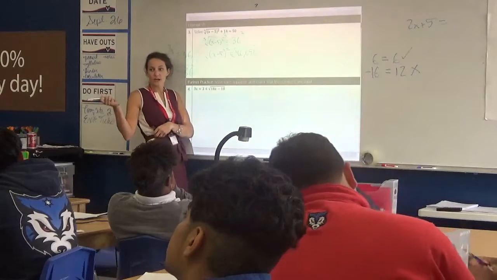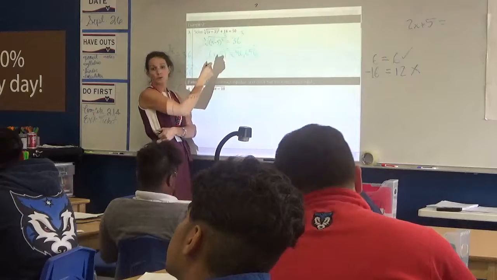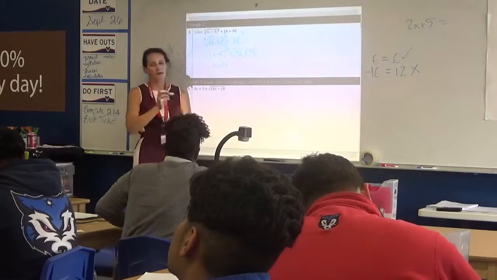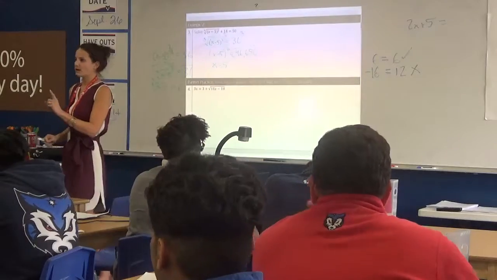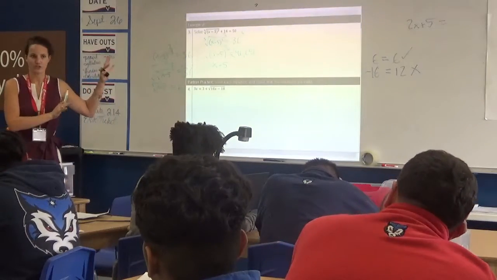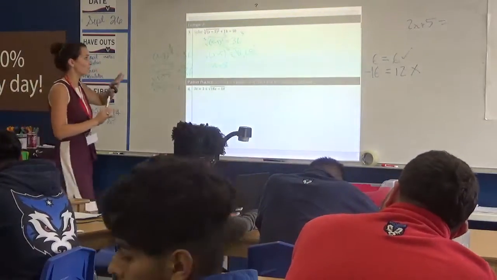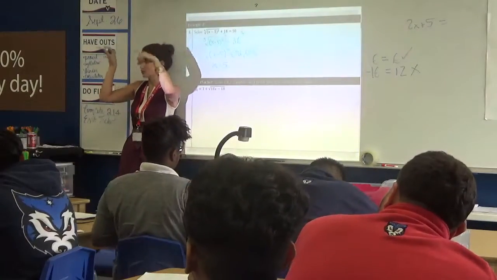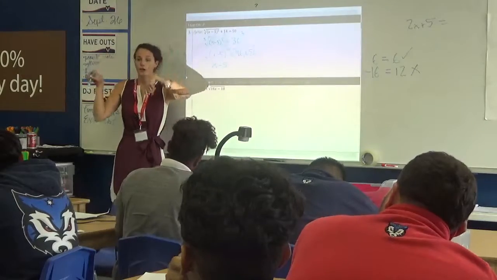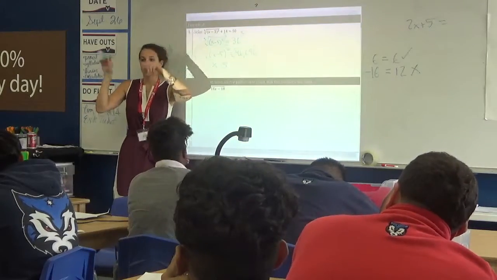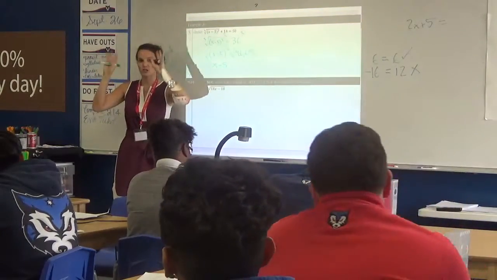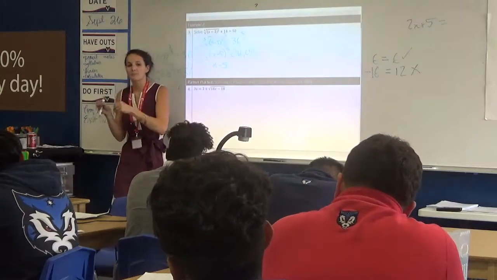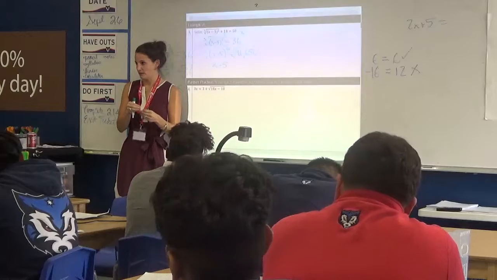If I take the square root of a square, I'll just have x minus 5 on this side. However, what you need to be careful about, which is why I'm modeling this version, when you square root both sides, you totally can. You can square root both sides. However, remember, when you use a square root as an operation that you're doing to both sides of an equation, your answer is plus or minus whatever you get.